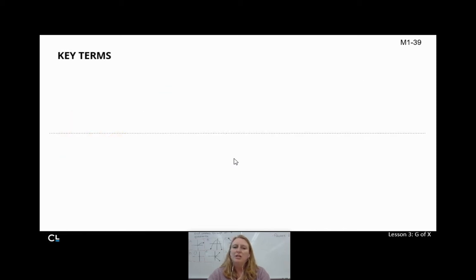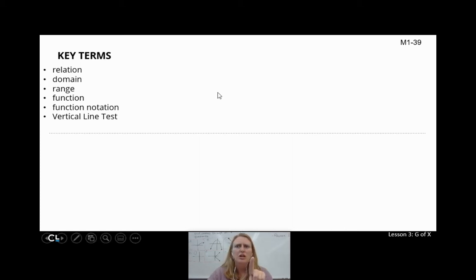Now, if you're looking at page M1-39, there are so many key terms. We're only going to cover some of those today, like relation, domain, range, function notation, vertical line test. I believe we're also covering discrete and continuous relations as well.